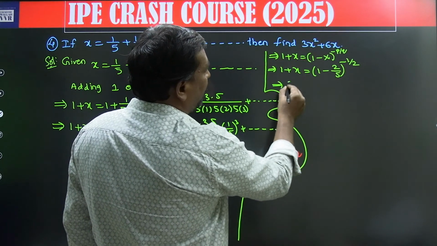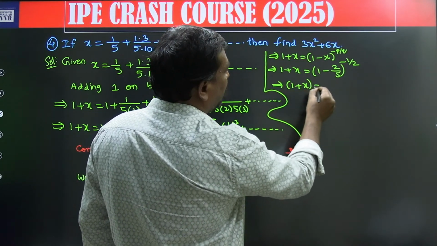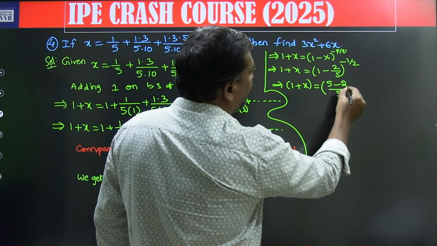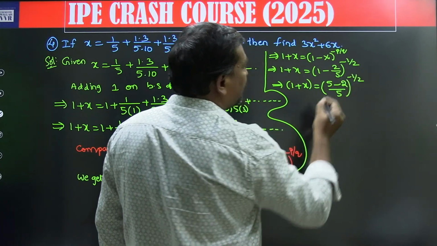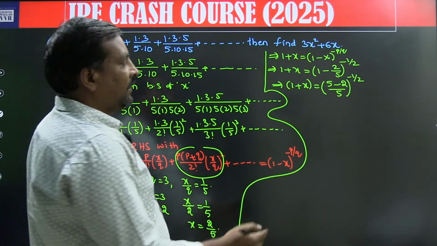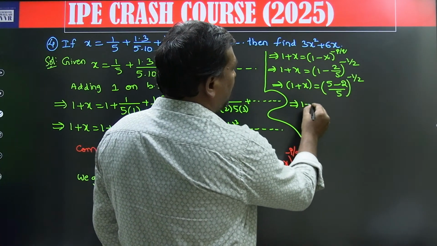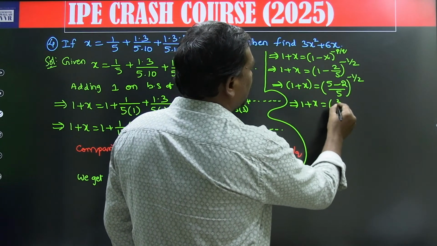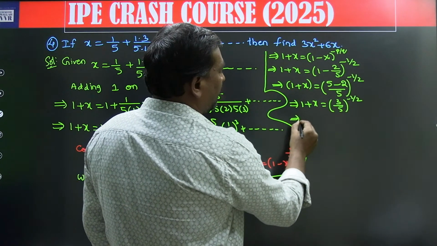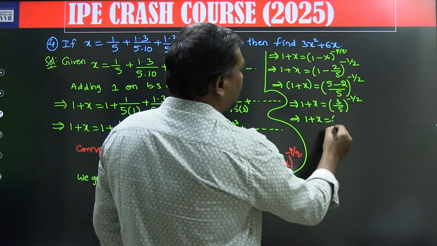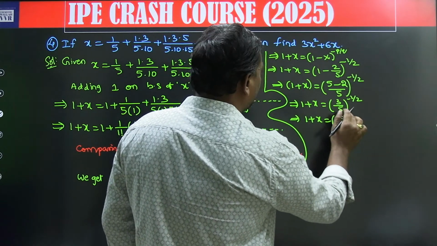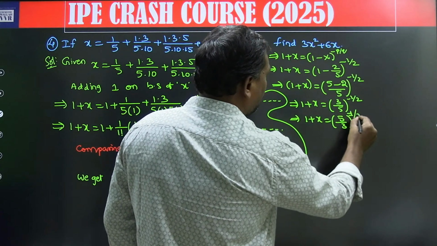So 1 plus x is equal to, directly I am writing, (5 minus 2)/5 whole to the power of minus 1/2. This is (3/5) whole to the power of minus 1/2. 1 plus x is equal to the reciprocal, (5/3) whole to the power of 1/2.